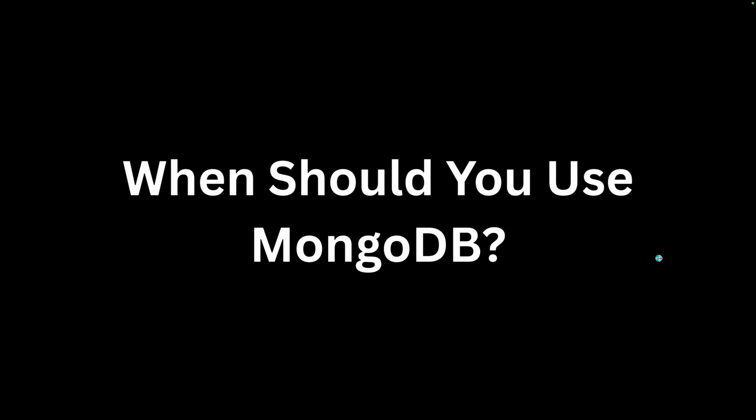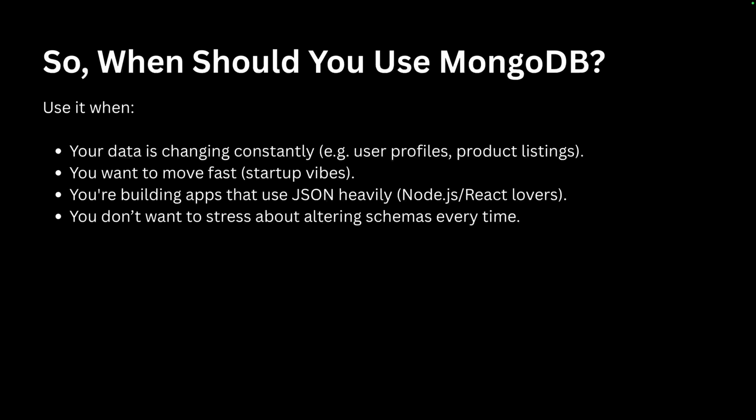Now, when should you use MongoDB? This is not like you have to use it everywhere, right? So there are going to be a few scenarios where MongoDB won't fit and a few scenarios where this is a perfect fit. So use it when your data is changing constantly, as in your columns or maybe complete structure is reformatted.